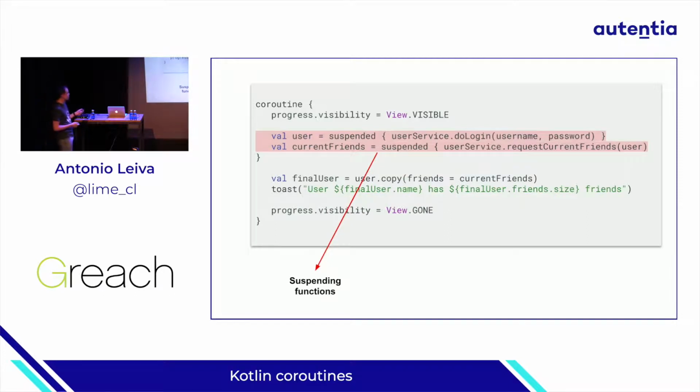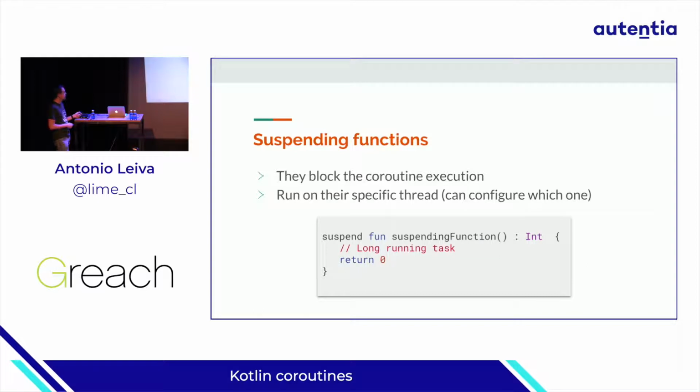So these are the two suspending functions that we mentioned before. Here the coroutine will get blocked until this code is finished. And to understand a little better how we create suspending functions, as I mentioned, they block the coroutine execution, and can run on a specific thread that we'll see later how we can configure.